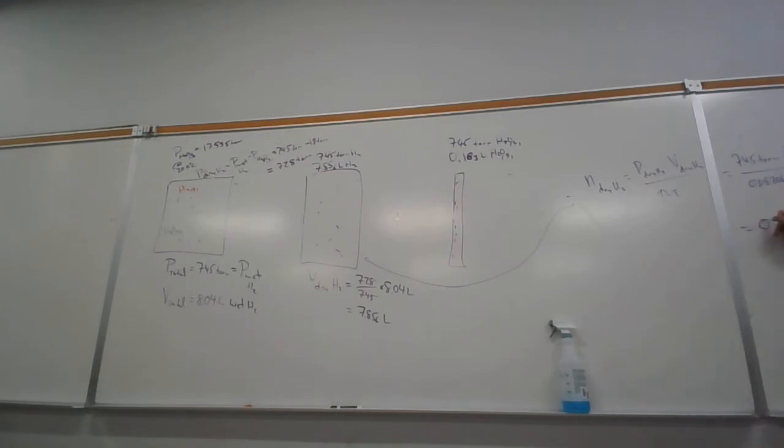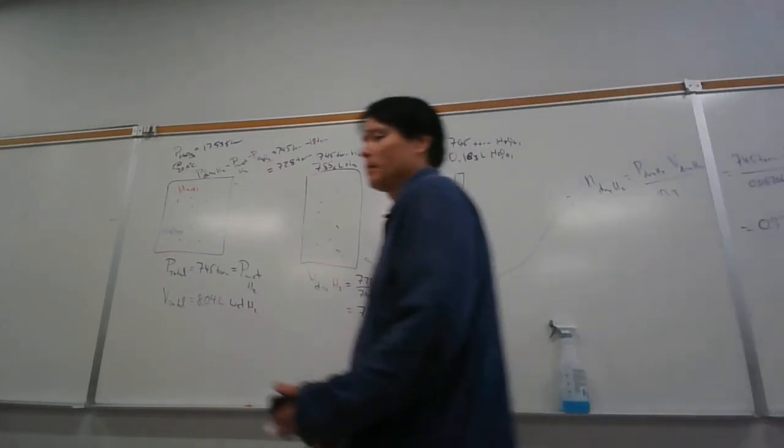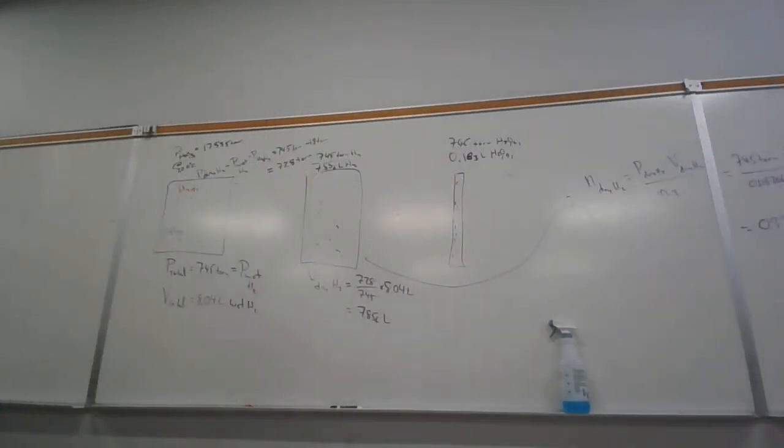I get 0.3202 moles of hydrogen. So we have the same answer, whether we did it Dalton's or Avogadro's. You see that? All right, let's take a break now and then we'll start it up again.